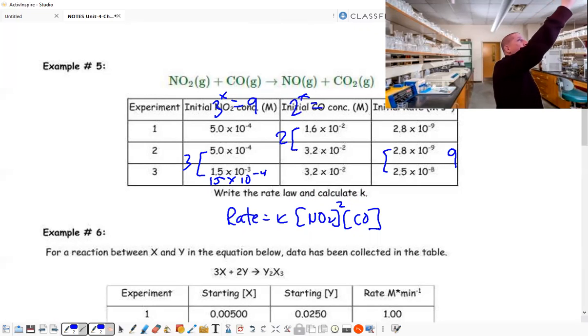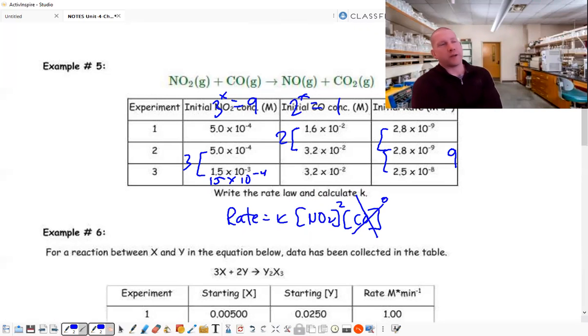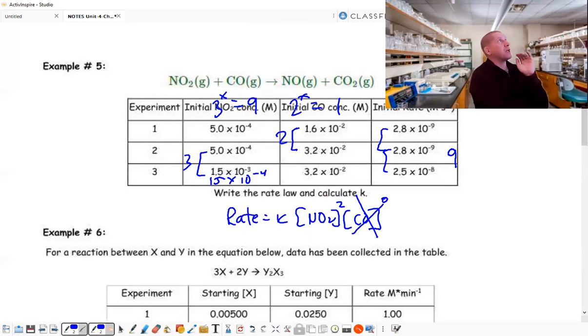So 2 to what power equals 1, since it's staying the same by a factor of 1? Anything to the 0 power is 1. Meaning we don't even have to write CO in our rate law because it's not going to affect the overall rate of the reaction. You can change the concentration of CO, but it doesn't make the reaction go any faster. That's what it means. It's 0 order, meaning it does not affect the overall rate.